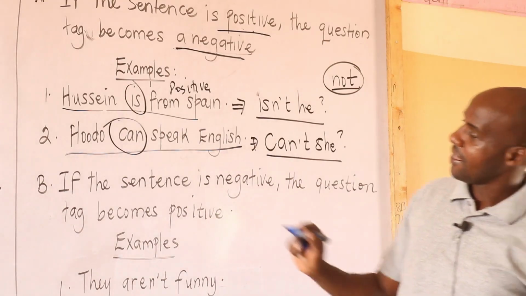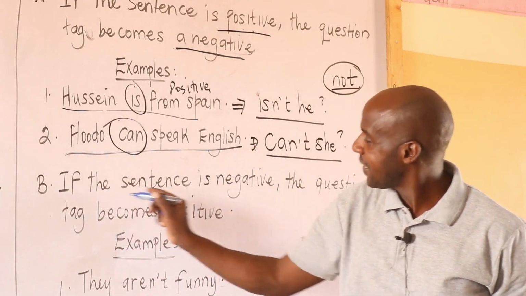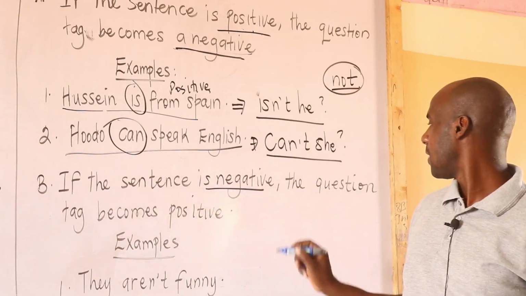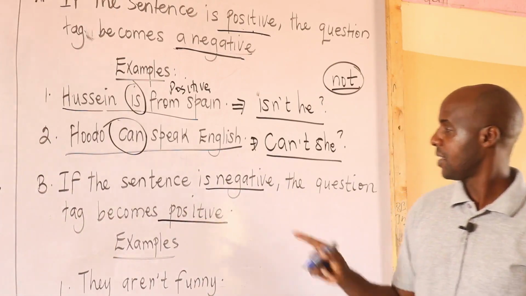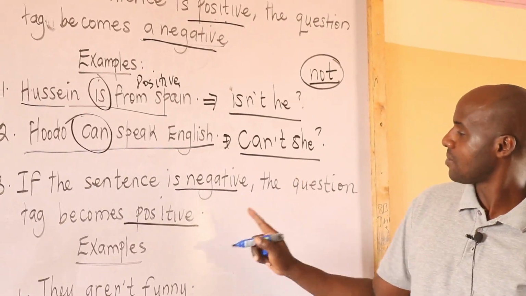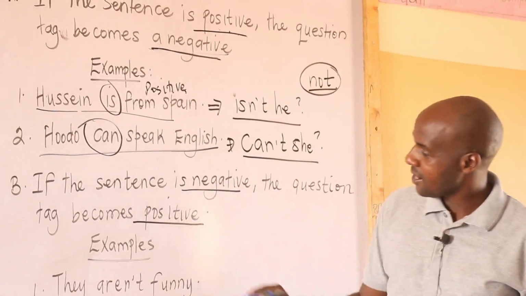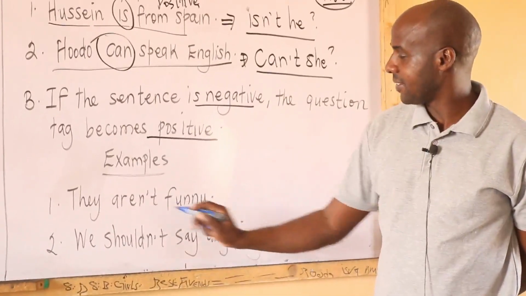Okay. Another point to consider is, if the sentence is negative, the question tag becomes positive. If the sentence is negative, the question tag becomes positive. Here are examples. They aren't funny.